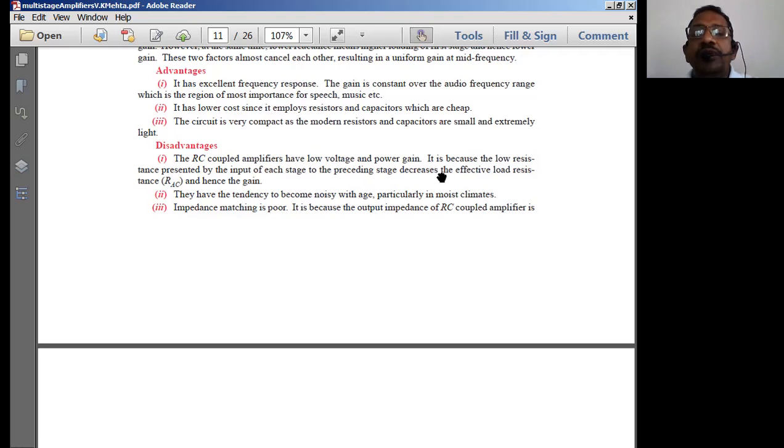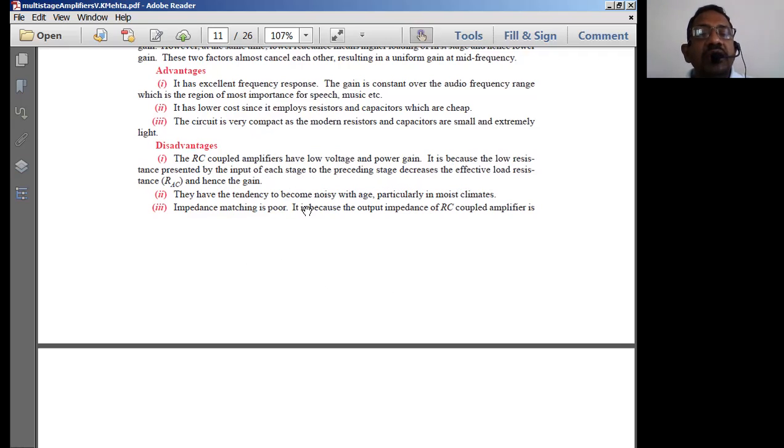It is because the low resistance presented by the input of each stage to the preceding stage decreases the effective load resistance. So because of this impedance mismatch, the gain is normally going to decrease. This is the reason why we use transformer coupled amplifiers.